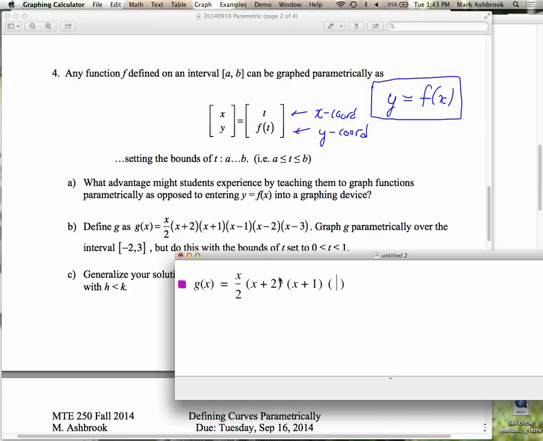And so, if I just wanted to graph it in the traditional way, first of all, will this line graph the function? No.